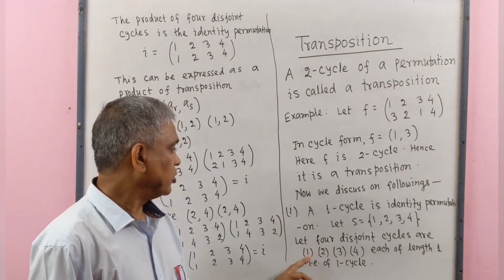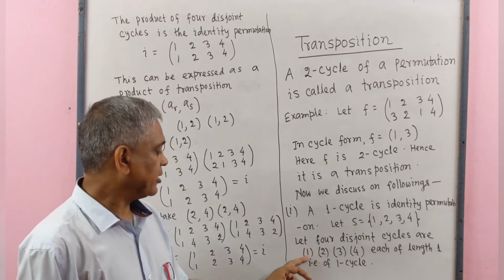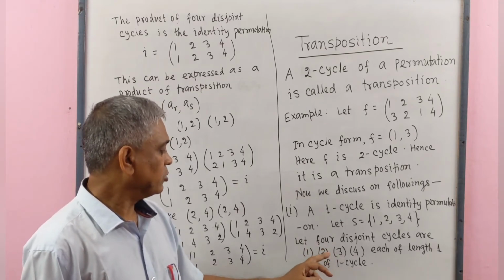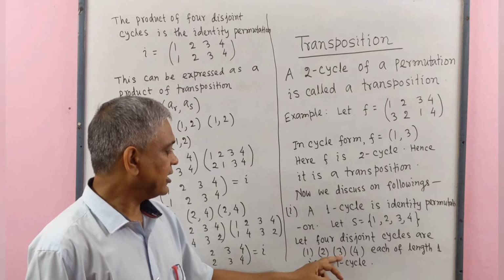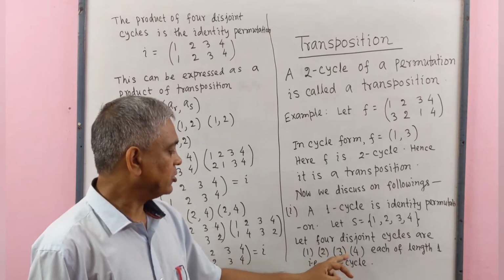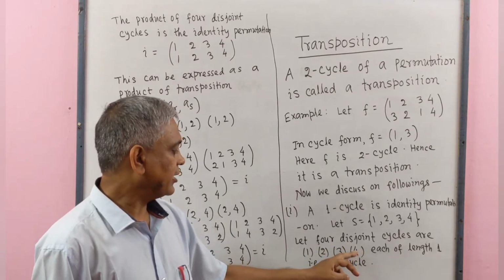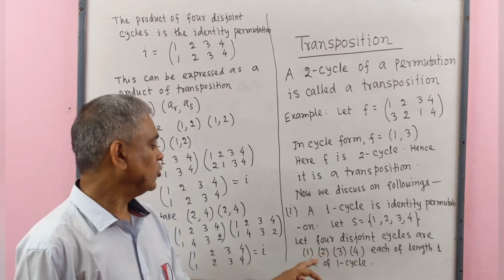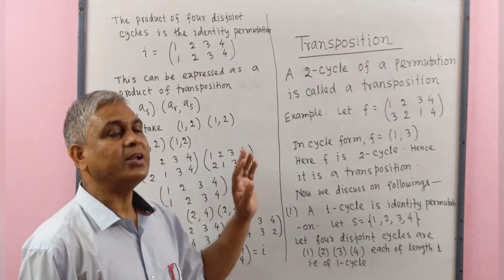This is one cycle under bracket 1, this is also one cycle under bracket 2, bracket 3, and bracket 4, each of length 1, that is, one cycle.